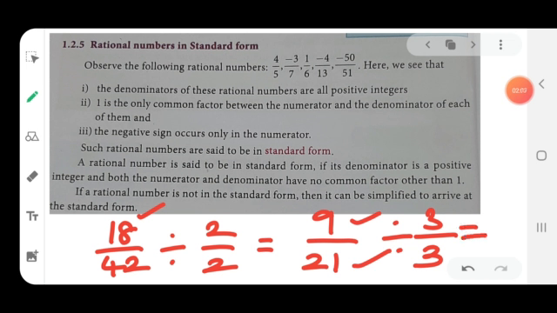So now 9 divided by 3, 3, 21 divided by 3, 7. Now 3 by 7 is in standard form because for 3 and 7 there is no common factor other than 1, and there is no negative in the denominator. So 3 by 7 is the standard form of 18 by 42.